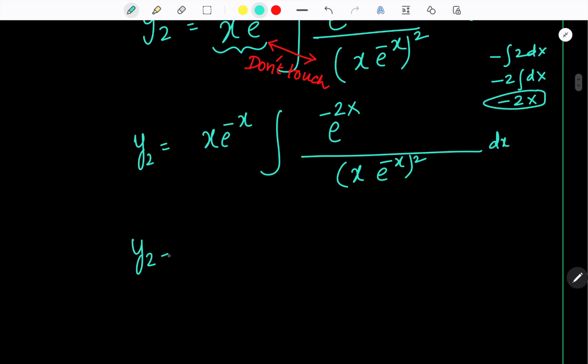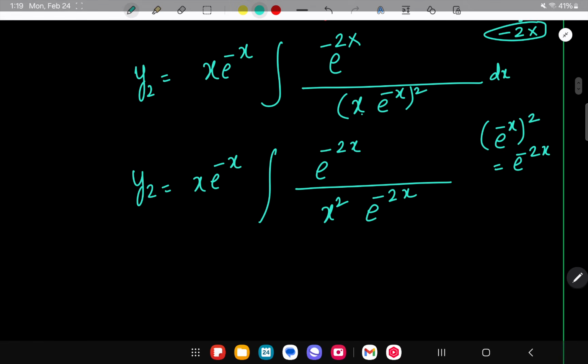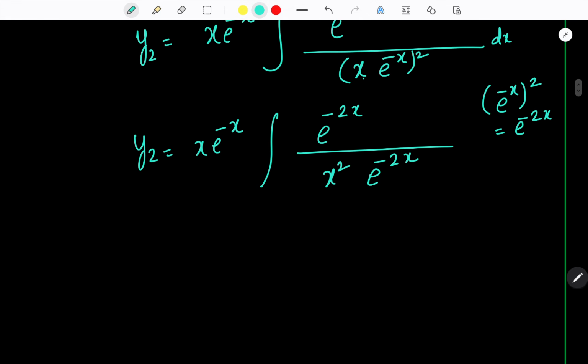Now y2 equals x e power minus x integral e power minus 2x divided by x to the power of 2 is x square. e power minus x whole square is e power minus 2x.